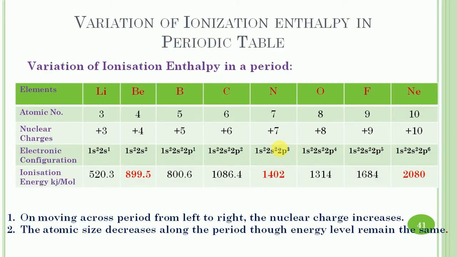Then variation of ionization enthalpy in a period. The ionization enthalpy increases with increase in atomic number in the period. It is quite clear from these elements of the second row of the periodic table.